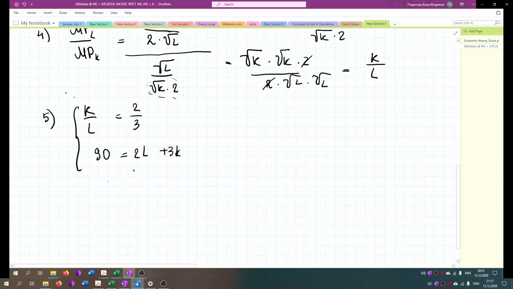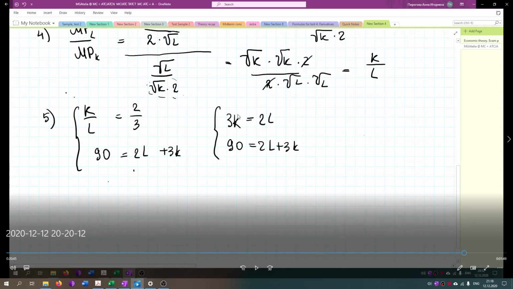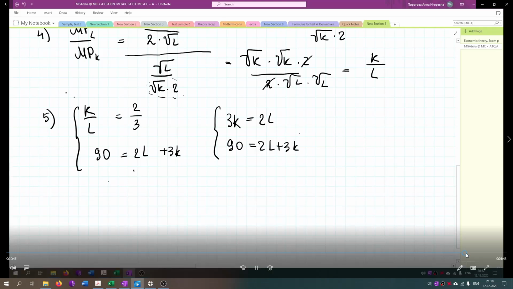So it will be 3K is equal to 2L, and rewriting the second equation. And now we will need to take 2L instead of 3K and put it into the second equation.